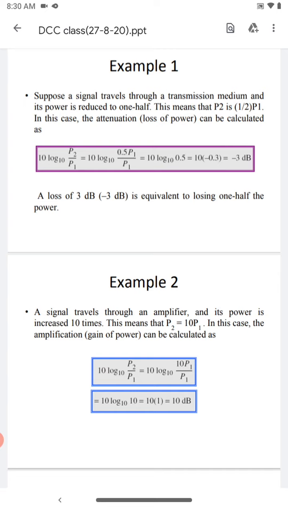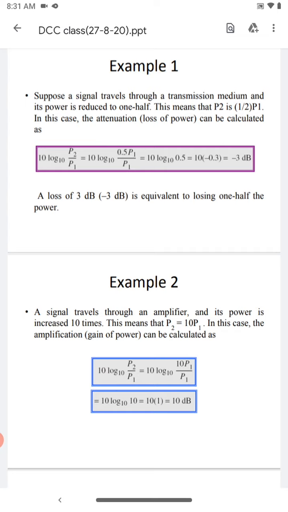That's equal to 10 log 0.5, which is equal to 10 into minus 0.3, that is equal to minus 3 decibels. Minus 3 decibels, that is a 3 decibel loss. So a loss of 3 decibels is equivalent to losing half of the power. This is the first example.